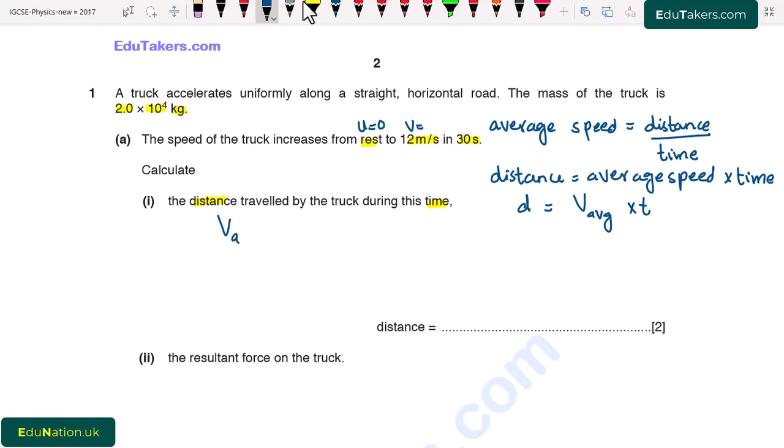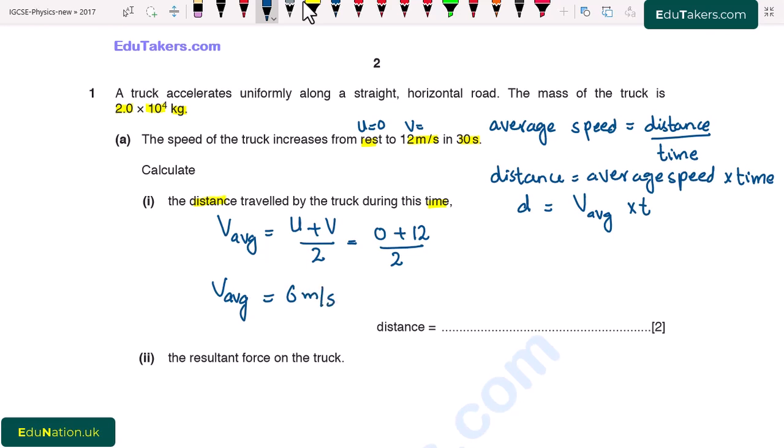It will be initial speed plus final speed divided by 2. Here I take the average of the speeds. So it will be equal to initial speed, which is 0, plus final speed, 12 meters per second, divided by 2. So the value of average speed comes to be 6 meters per second.